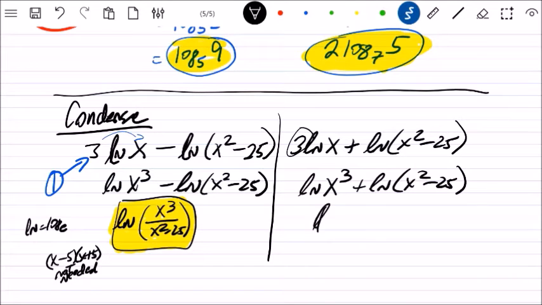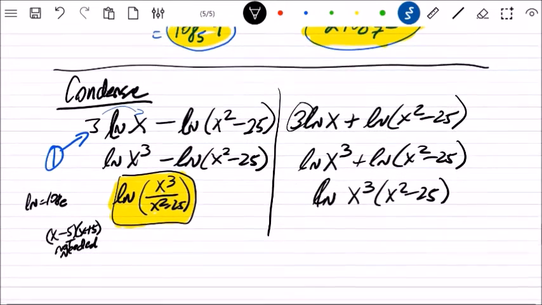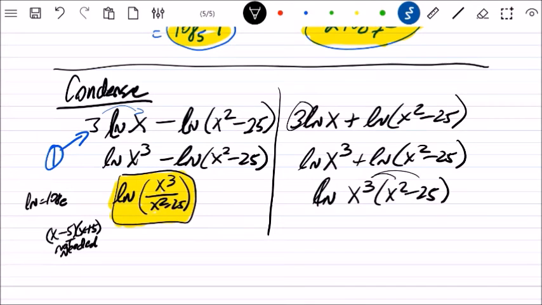Now we can put this together as natural log of x cubed times x squared minus 25. Now we can do some multiplying of that out. We can distribute that so we get natural log of x to the fifth power because we're going to add those exponents.